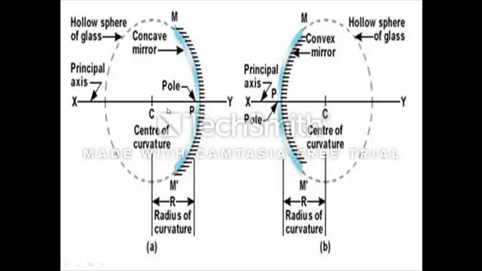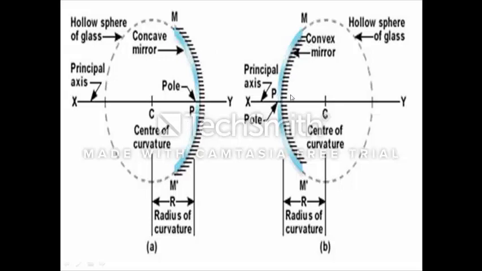Whether it is a concave mirror or a convex mirror, both are a part of a hollow sphere. If we cut this hollow sphere and polish the outer surface, then the inner surface acts as the reflecting surface, and it is known as a concave mirror.